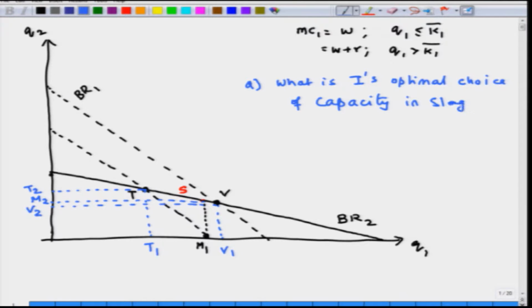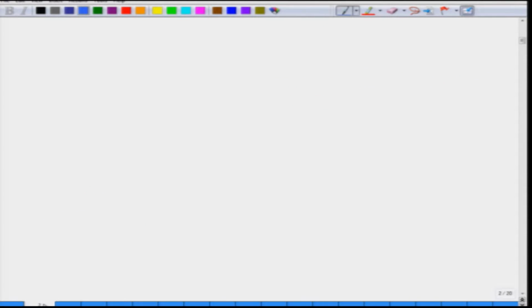This is the capacity choice which maximizes its profit. Now, this will depend on where on firm 2's best response function the profit of the entrant becomes 0. So, we need to analyze various cases for that. So, let us do that one by one.